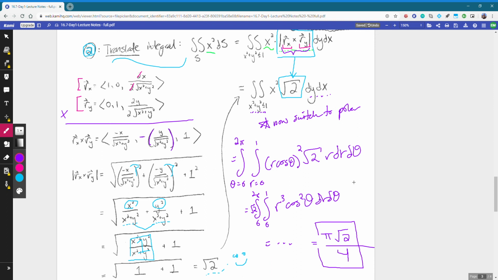But in any case, that's how it can look to take a surface integral and walk through our 1-2 step process.